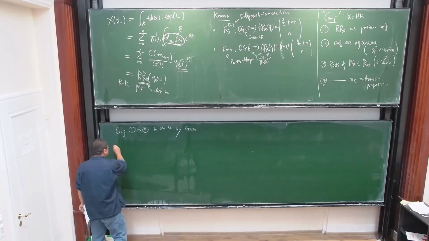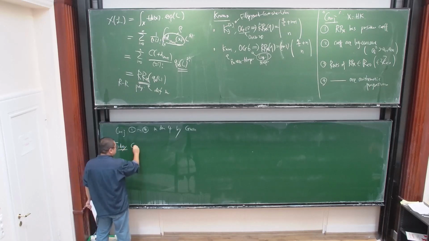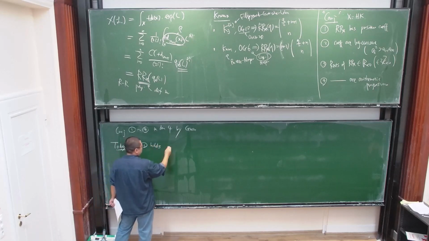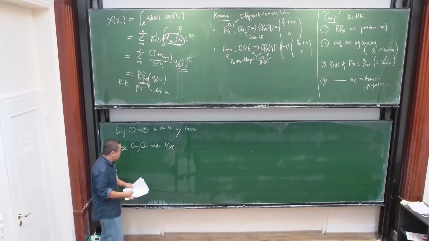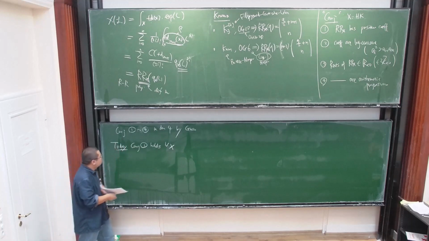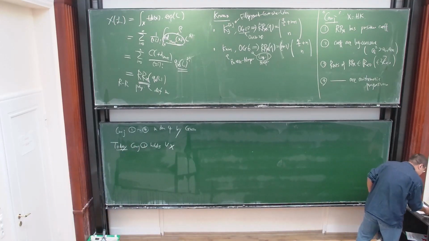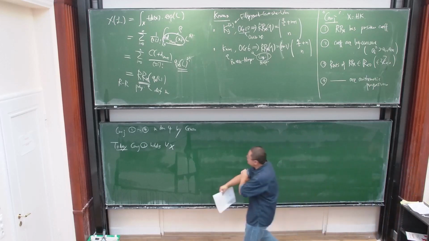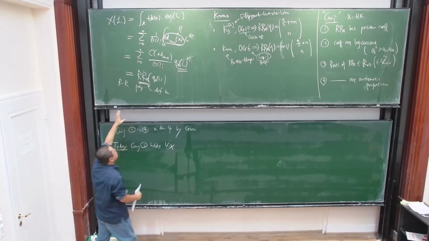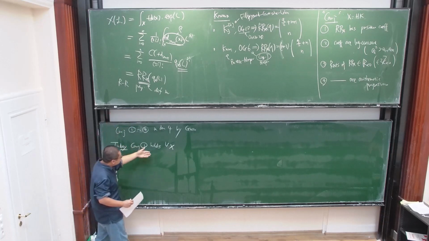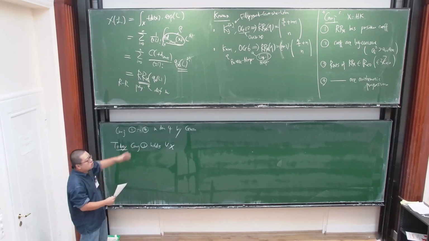But today I want to explain that this conjecture 1 holds for any X. As you can see from the expression, this is really something about the Todd class, right?